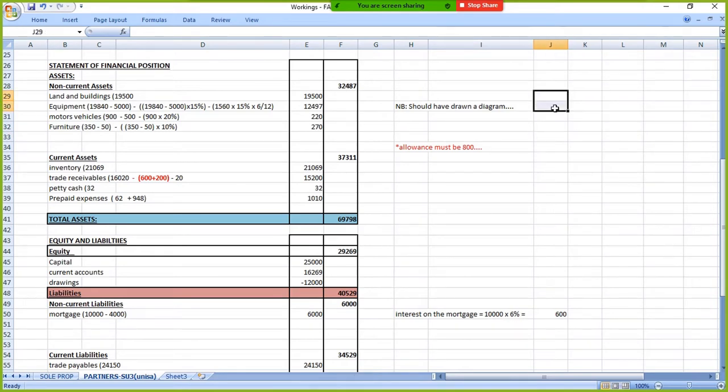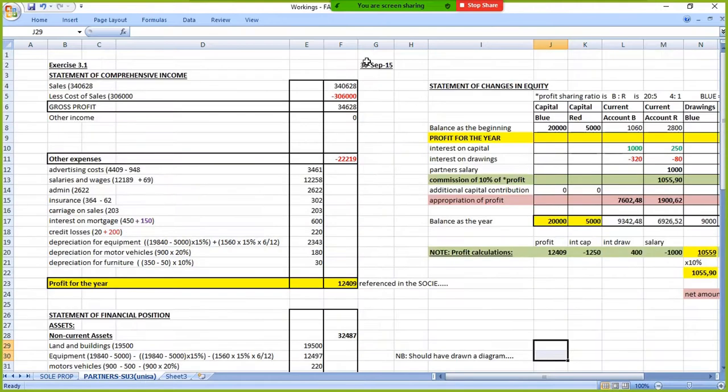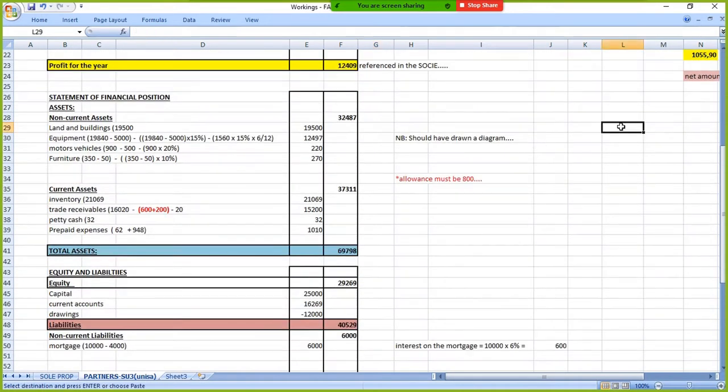So I should have drawn a diagram in terms of the year end. Let me copy paste. Okay, that's the year end. In the question they gave you the equipment at year end, and they told you that was the 19840.